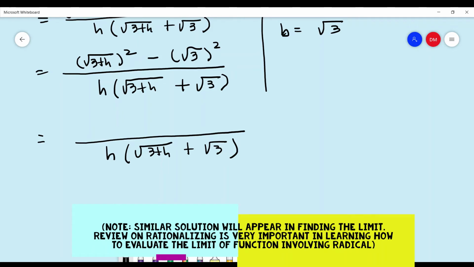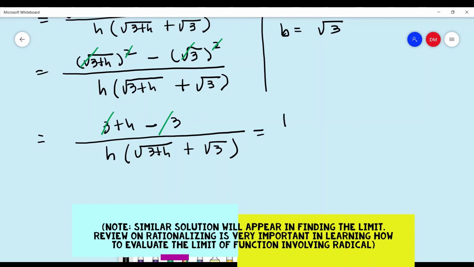How about the numerator? For the numerator, we will cancel this. So we'll have in the numerator 3 plus h minus, applying the squaring of square roots, minus 3. And let us cancel positive 3 and negative 3.